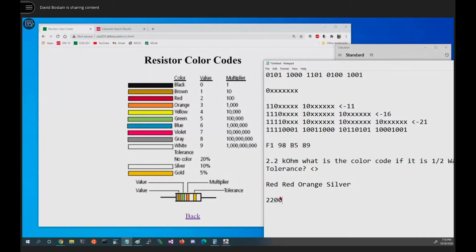It would be 2,200. Okay. Red, red, orange would be 2, 2, and 3 zeros. So then would it be red, red, red? You got it. Red, red, red, because we only have 2 zeros in the number.